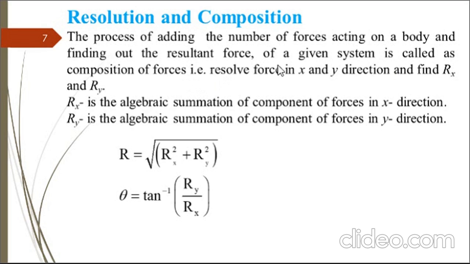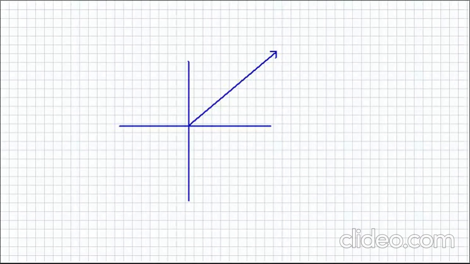That is, resolve the forces in x and y directions and find Rx and Ry, where Rx is the algebraic summation of the components of forces in the x direction and Ry is the algebraic summation of the components of forces in the y direction. Let's see in detail. Okay, so let's consider this is the y-axis, this is the x-axis, and this is one of the forces, let's say P1.